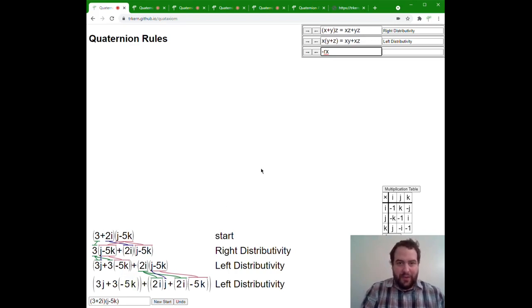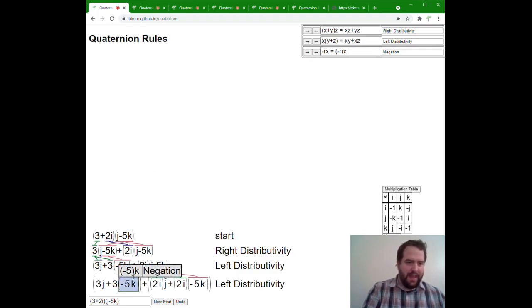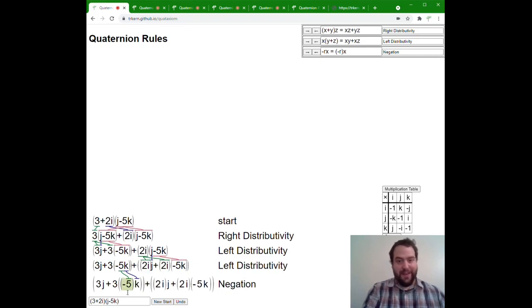So I'm just going to add in a rule that allows me to do that. Here r is a special variable in the system that can only represent a real number, so you don't have to worry about anything going wrong here, but we just want to use this to turn the negative 5k into a negative 5 times k.